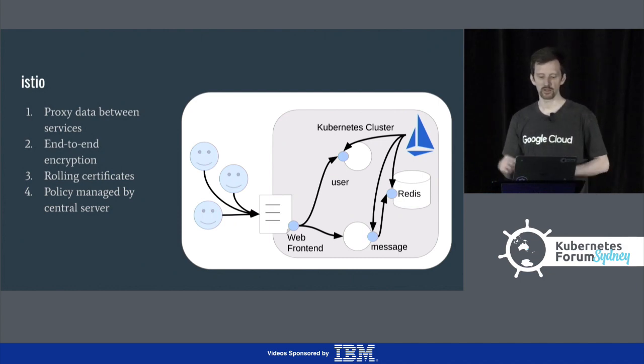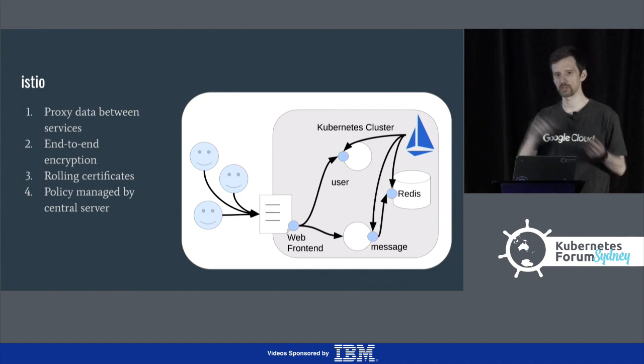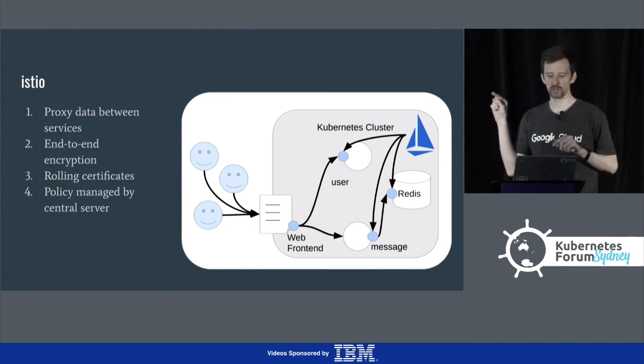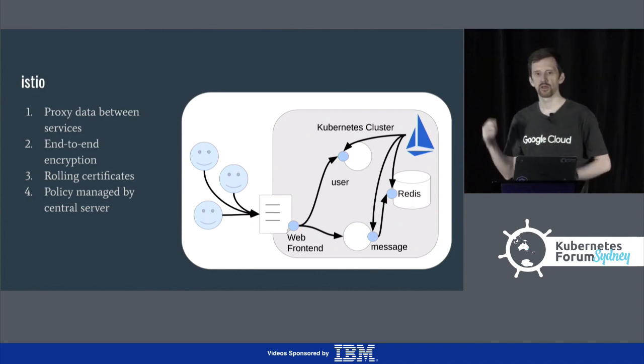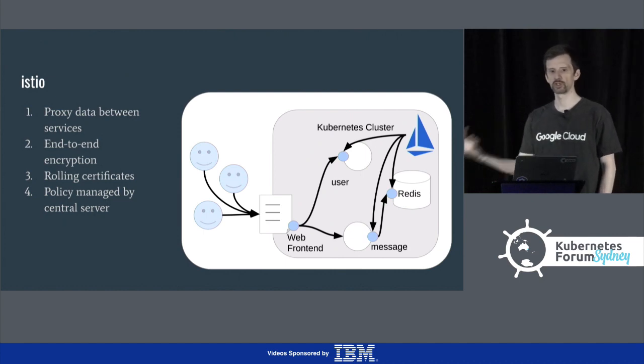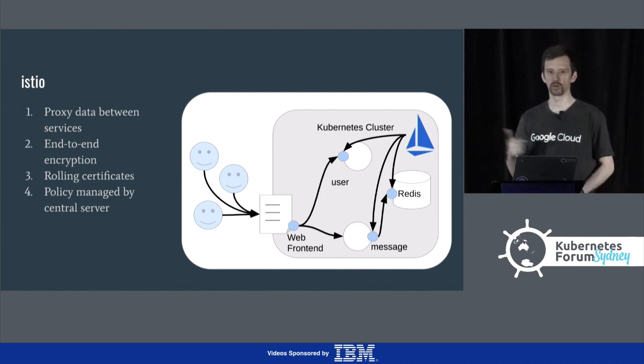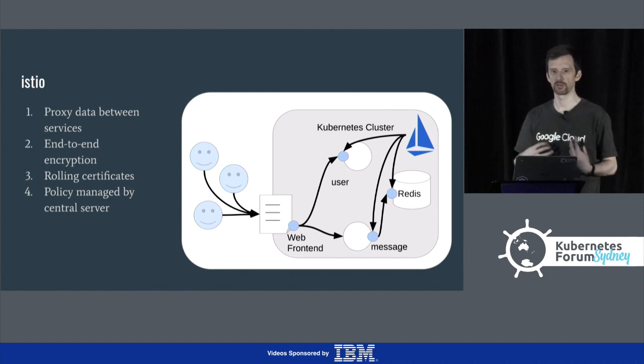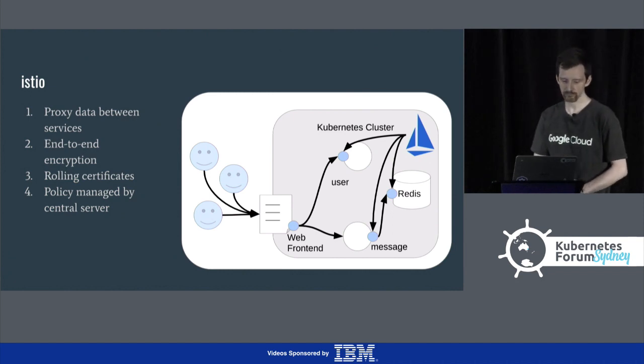So you can set policy and say that this application can talk to this application, but it can't talk to another application. The requests that are made have a proper identity set so that you can't forge a request for another service if you aren't that service itself.